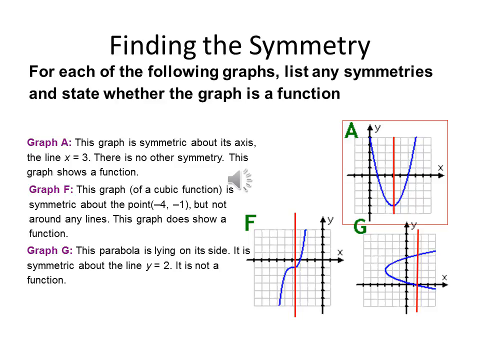Finding the symmetry. Now we're dealing with more procedure, but we still need to be able to identify it from sight as well. For each of the following graphs, list any symmetry and state whether the graph is a function.